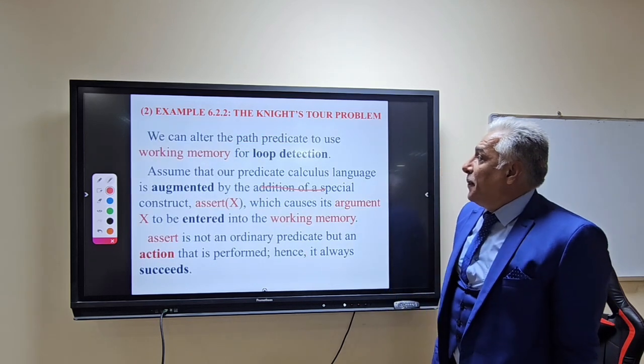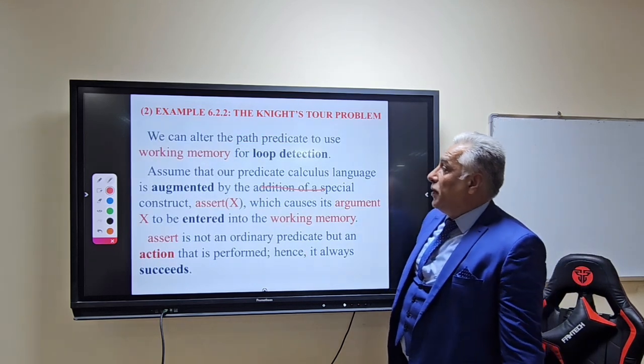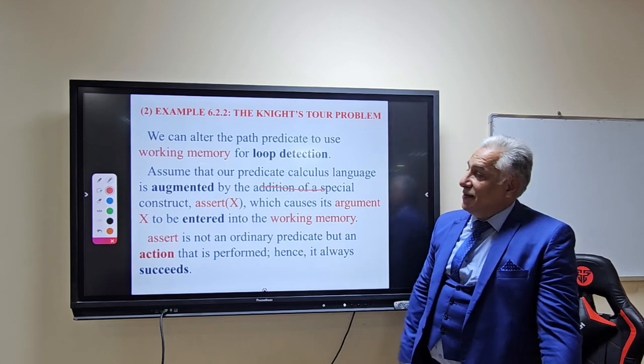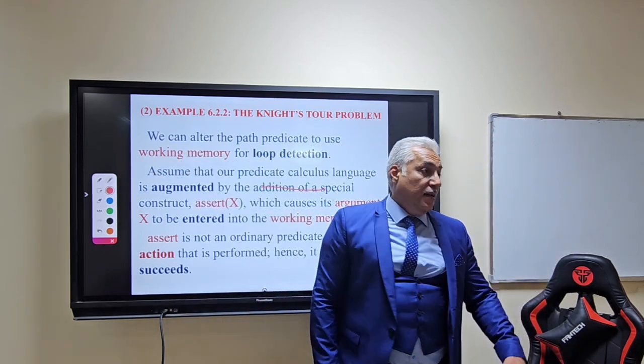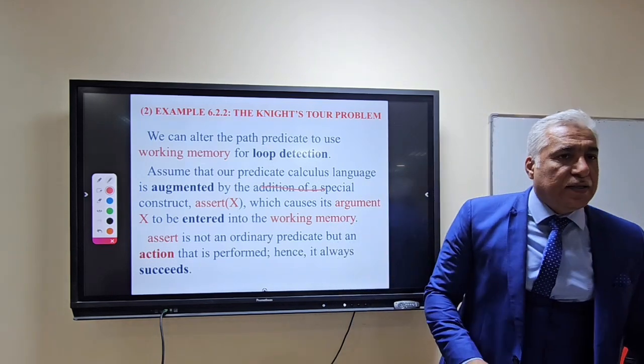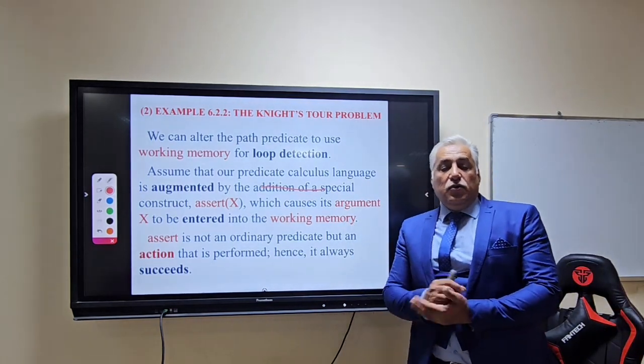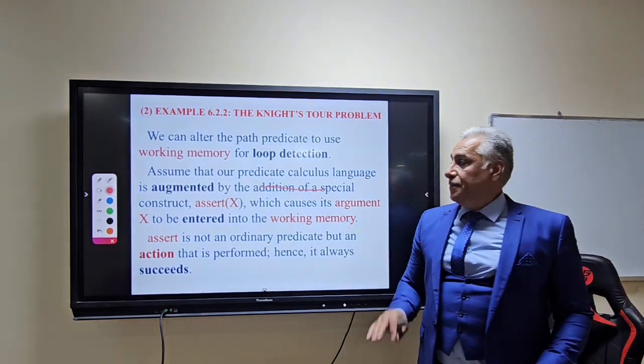Now we can alter the path predicate to use working memory for loop detection. The updating of the working memory is the same process as the use of the closed list.